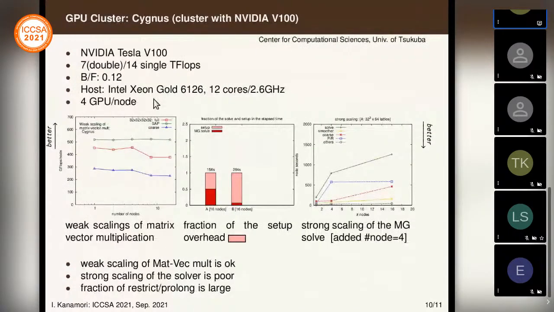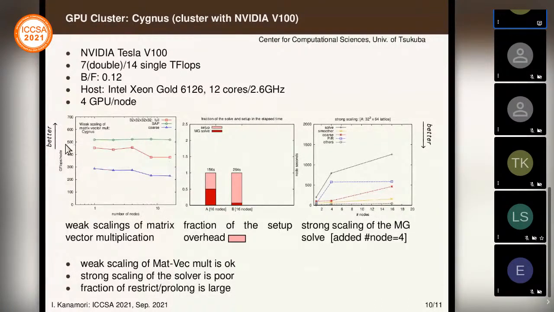The last example is the GPU cluster. We use Cygnus hosted by University of Tsukuba. That is NVIDIA V100. Unfortunately, the resource we could access was limited, so the amount of the benchmark we succeeded in was not so much.